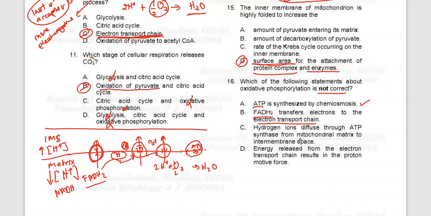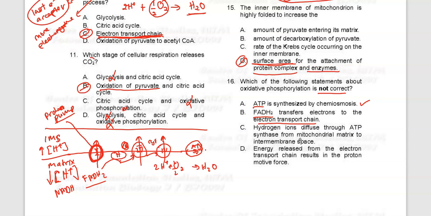Basically the complexes also function as proton pumps, because it involves active transport, which uses energy from the electron to move hydrogen ion from the low concentration region to the high concentration region.